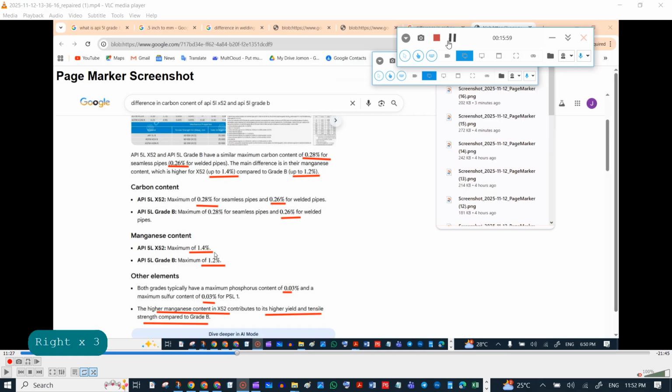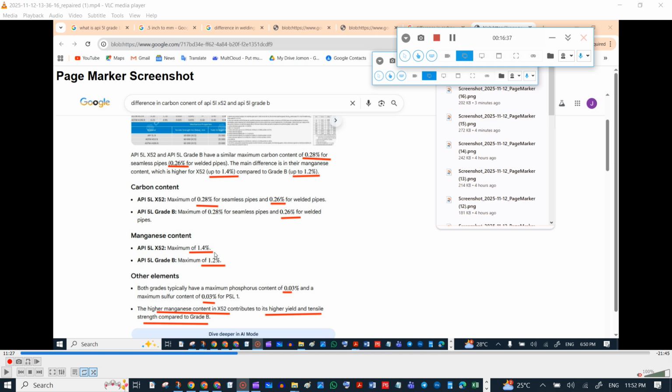Okay. Now we will discuss the difference in carbon content of a PSL1 weld. It has similar carbon content of 0.28% for seamless and 0.26% for the welded pipes. This is the same for both API 5L X52 and API 5L Grade B. So 0.26 is the carbon content. It is not changing, but the manganese content is changing: for API 5L X52 the maximum is 1.4%, and for API 5L Grade B it is 1.2%.